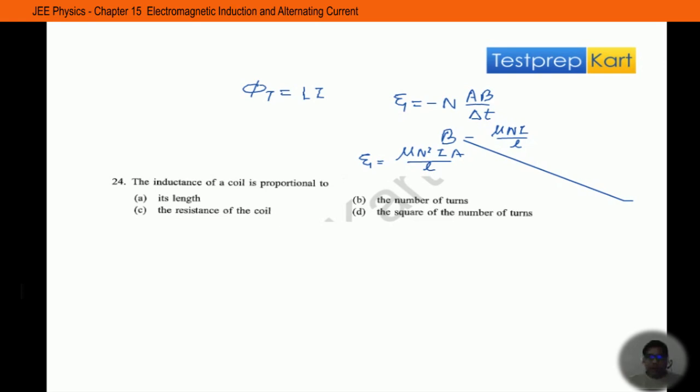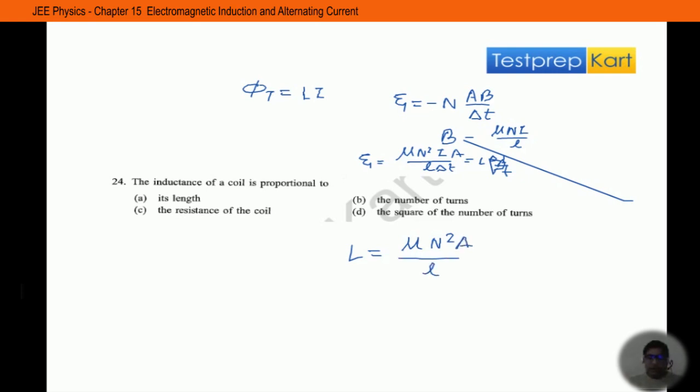And EMF is L ΔI over Δt. So if we compare from there, we'll get the expression for mutual inductance or self-inductance of a coil, that is μ N² A upon l.